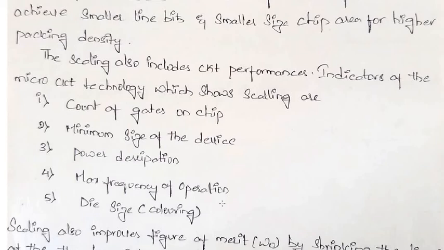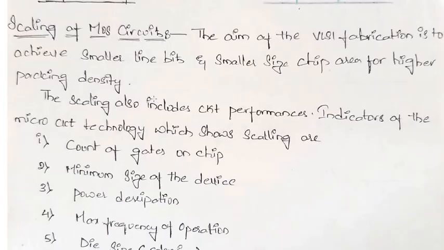So this scaling is very important for your MOS circuits, and the main agenda of scaling in VLSI fabrication is to achieve smaller line widths and smaller chip size and area for higher packing density. Size and line widths should be small, plus your packing density should also be good.